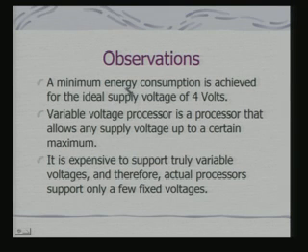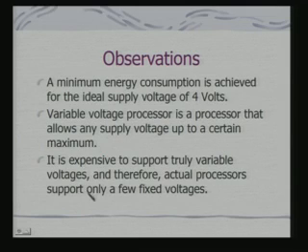So, the observations are: the minimum energy consumption is achieved for the ideal supply voltage of 4 volts. A variable voltage processor is a processor that allows any supply voltage up to a certain maximum, if we can change it continuously. And it is expensive to support truly variable voltages. Okay.